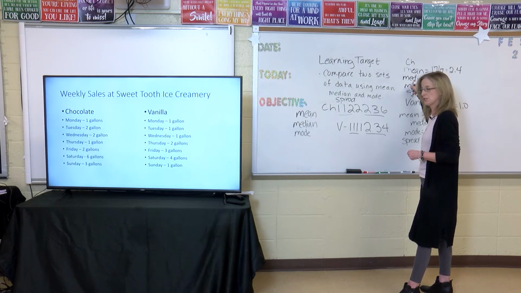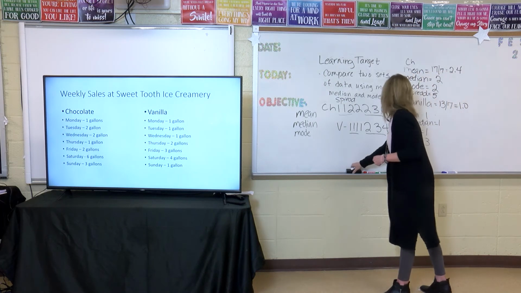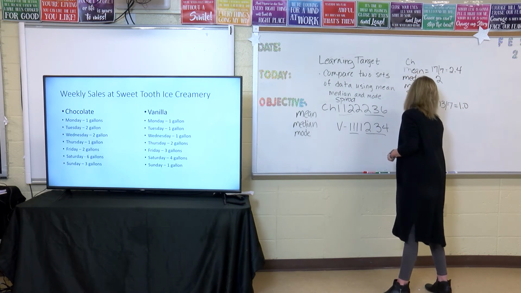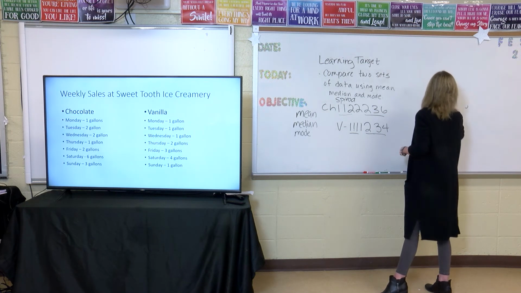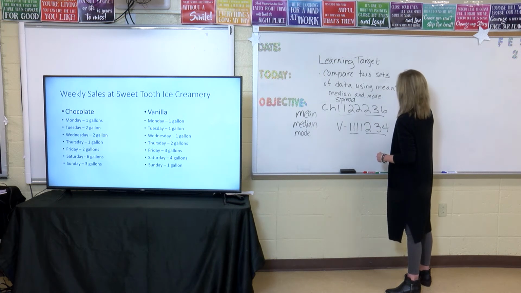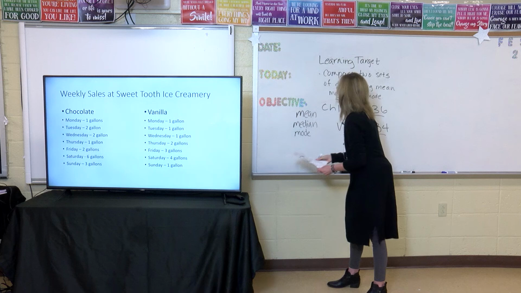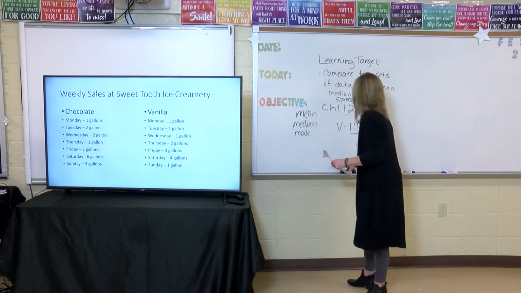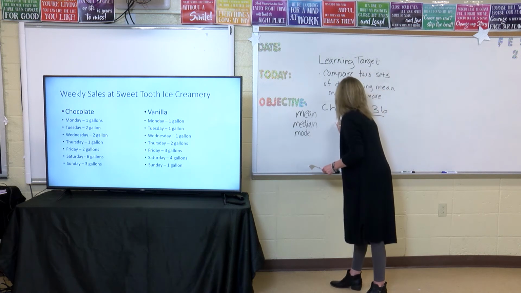Let's do it with just the chocolate. What's my median? What's my minimum? And let's talk about how you set up a box-and-whisker plot. Let's write that back down again. Let's get rid of vanilla, and let's write down everything we know.